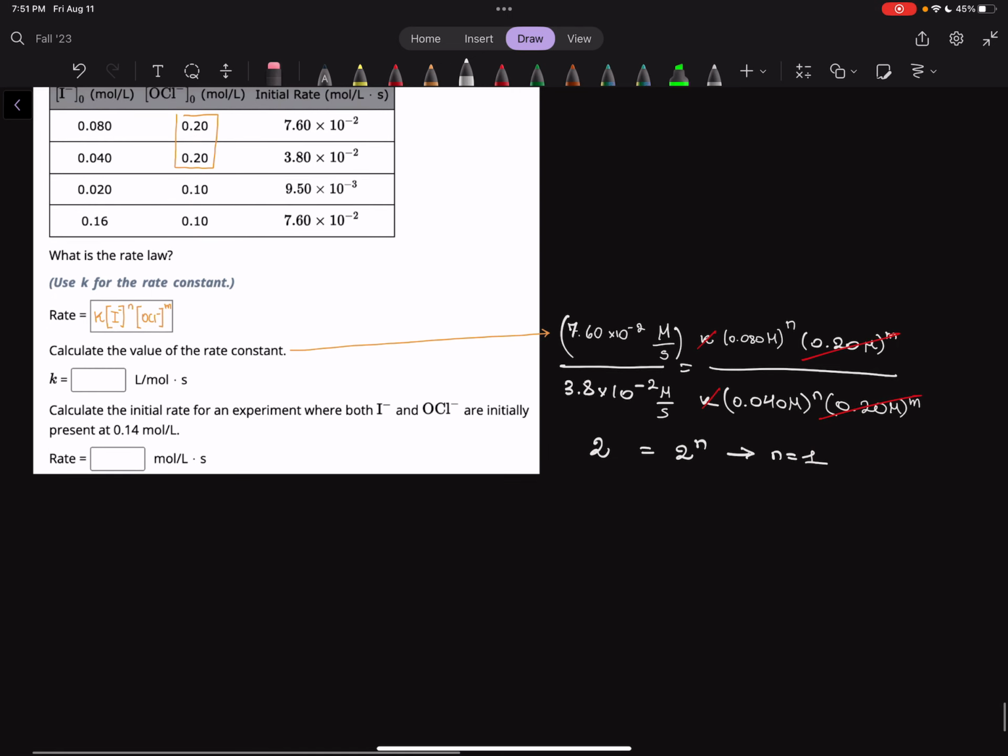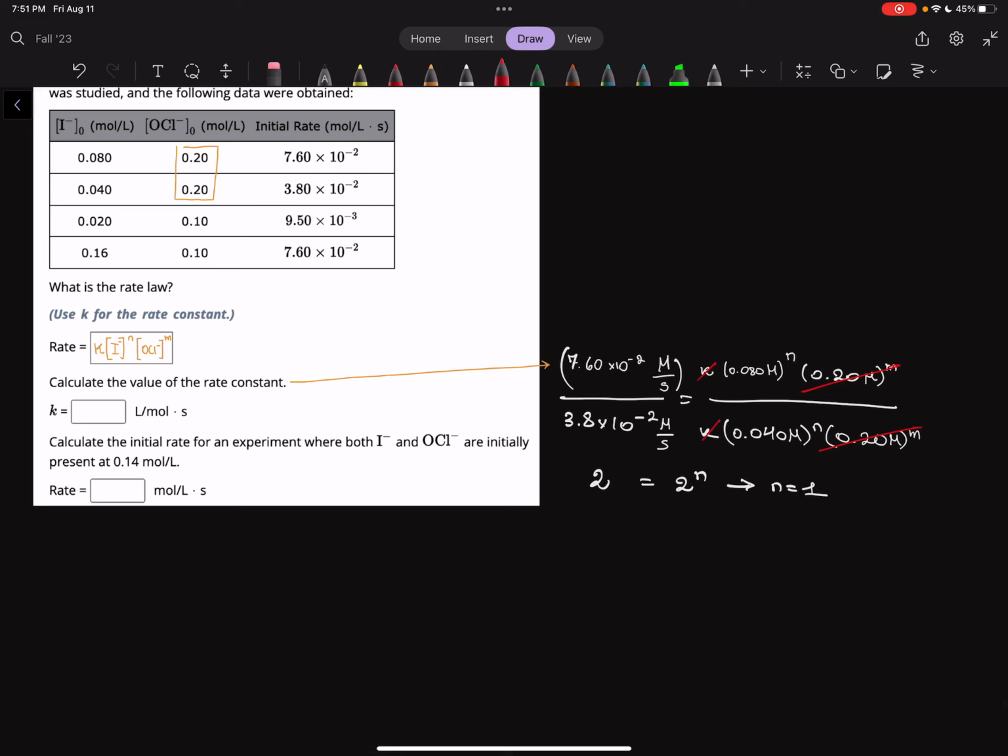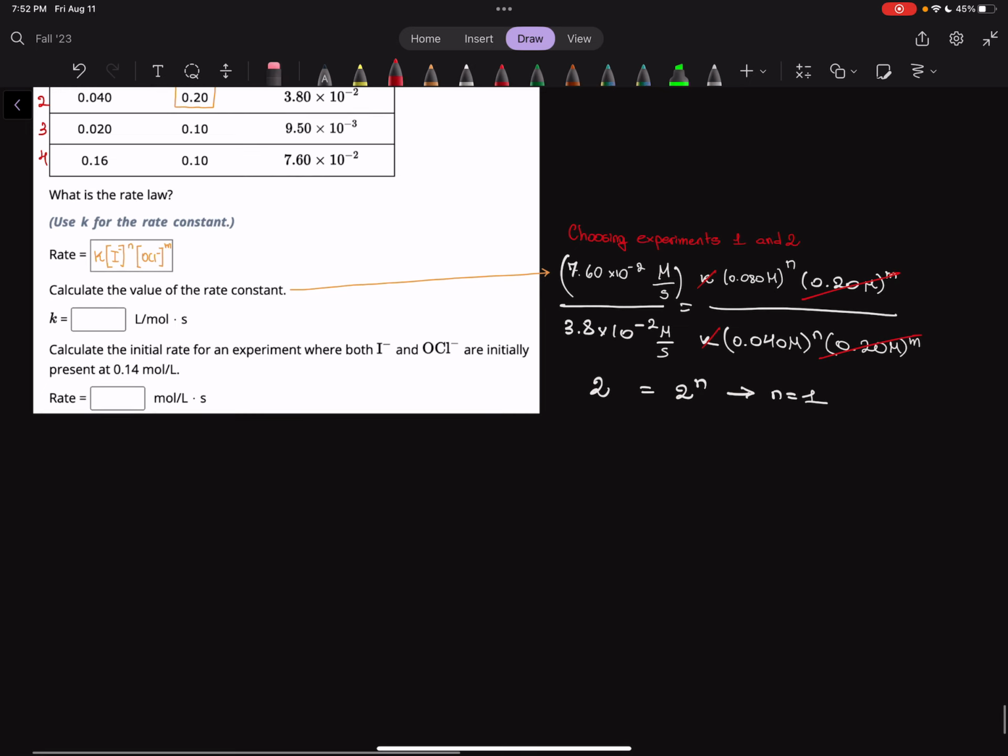So let's say this is experiment 1, 2, 3, and 4. So choosing experiments 1 and 2, we have certain things, right?